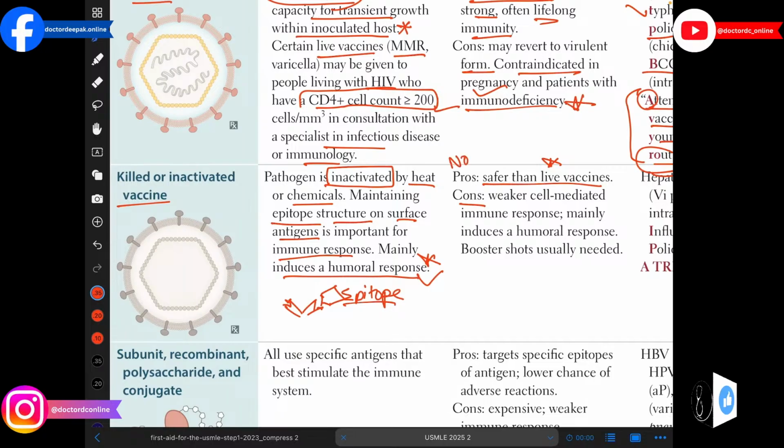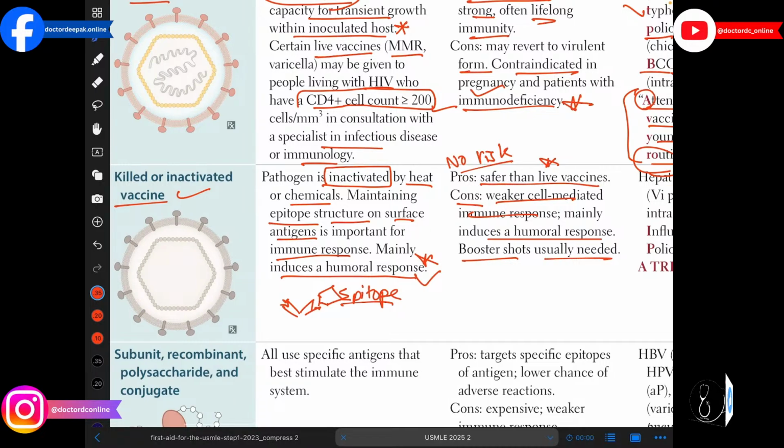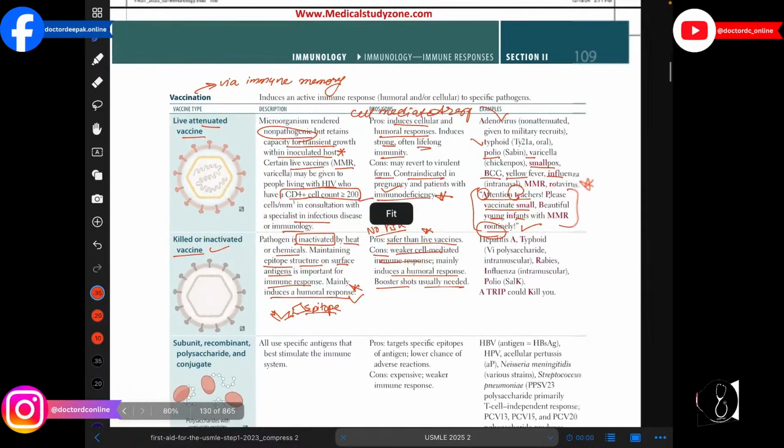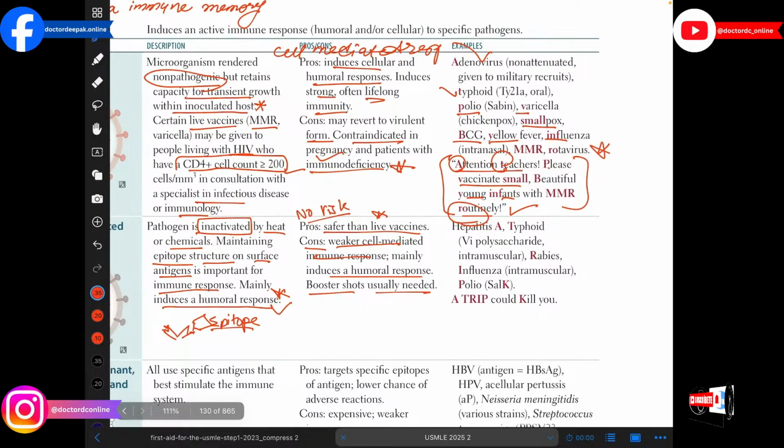It's also a good thing that there is no risk because the microorganisms are already killed inside the vaccine. The contraindication is that there is a weaker cell-mediated immune response than live attenuated, and boosters or repeat shots are usually needed. Many people get booster doses after vaccination.